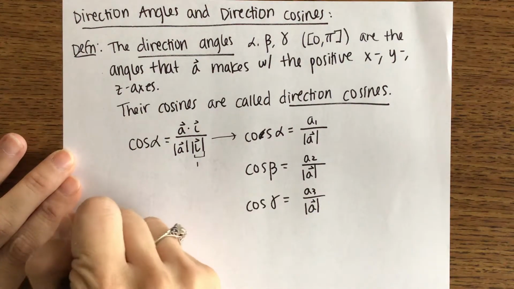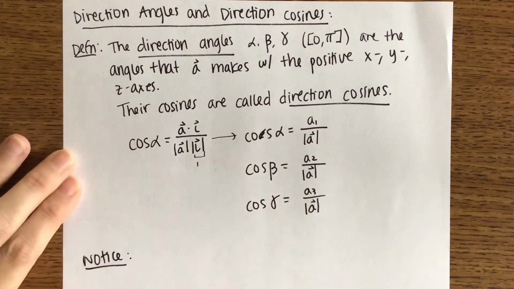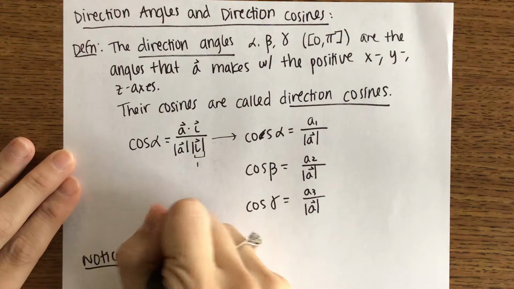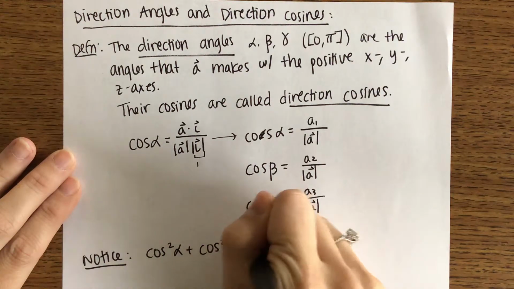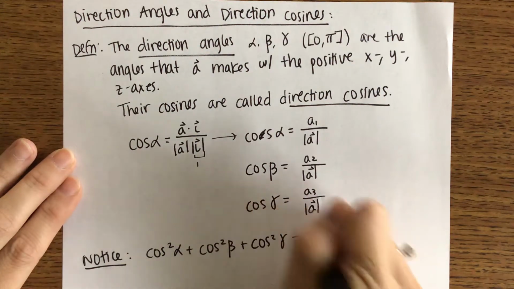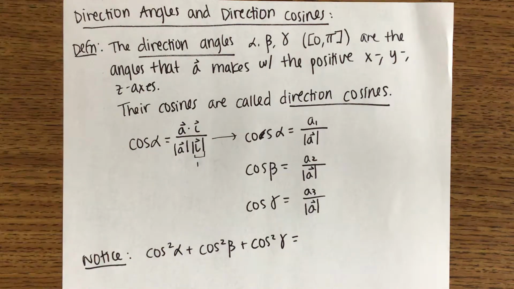A few things that I want us to notice. First thing: if you square all of those cosines and you add them up, what are you going to get?